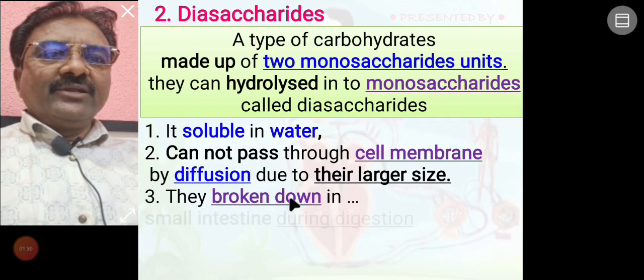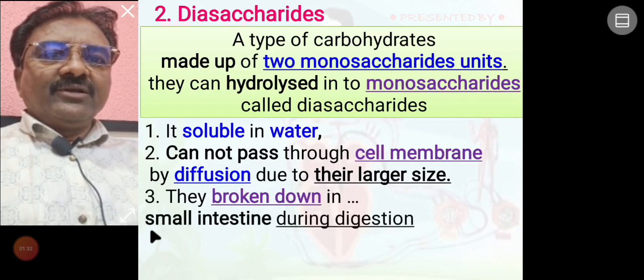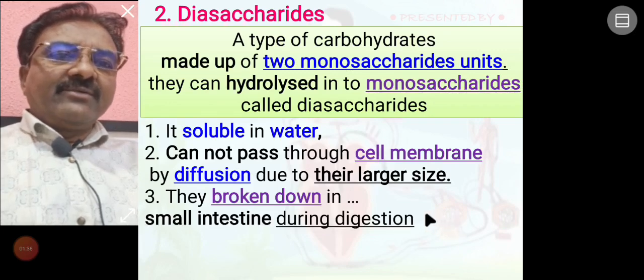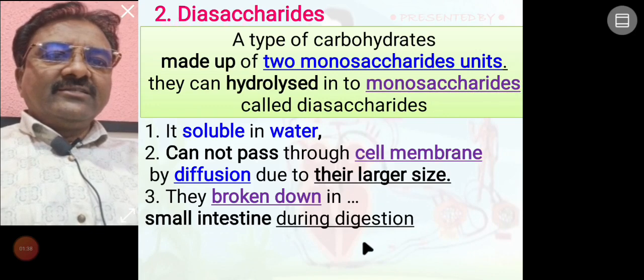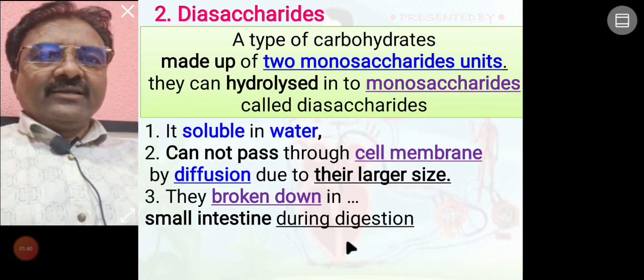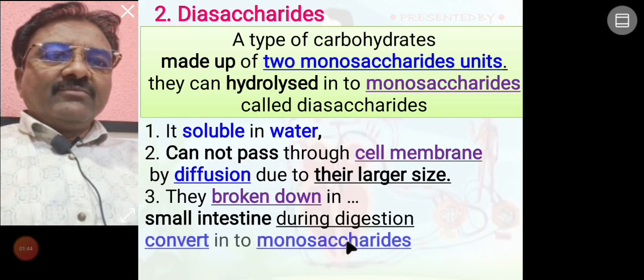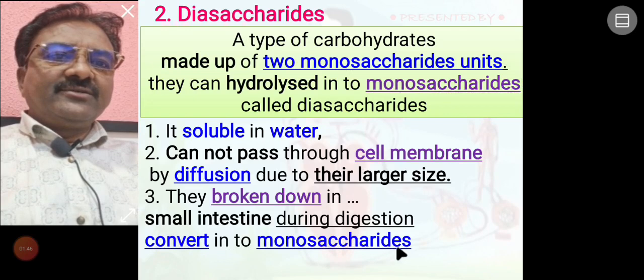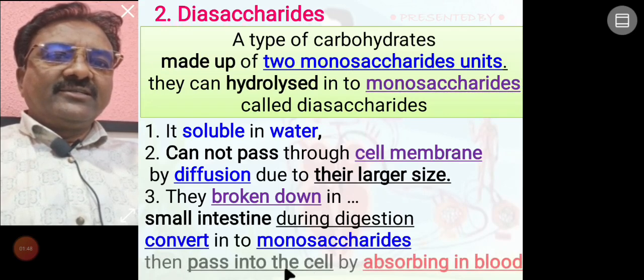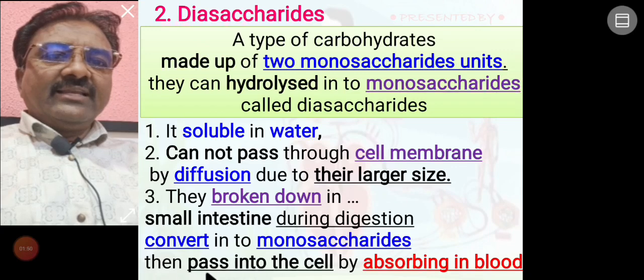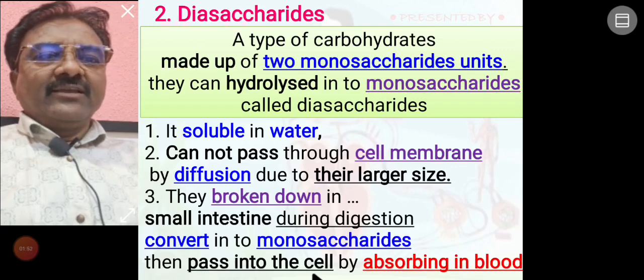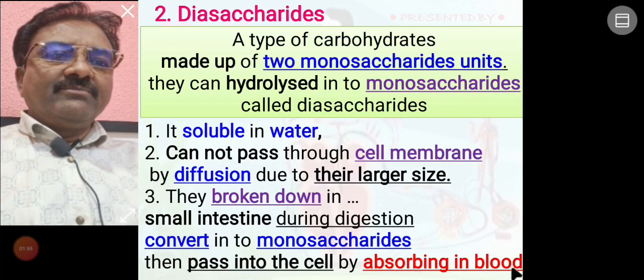Disaccharides are broken down in the small intestine during digestion into monosaccharides. Such monosaccharides then pass into the cell by being absorbed in the blood.